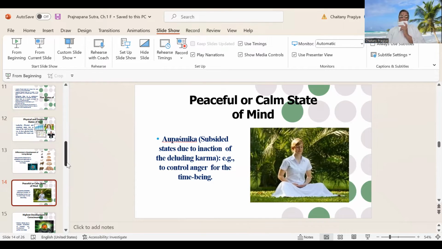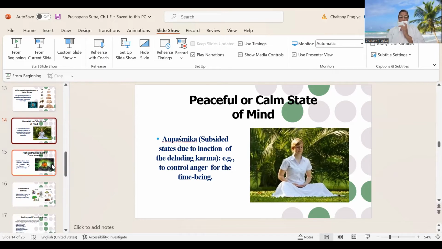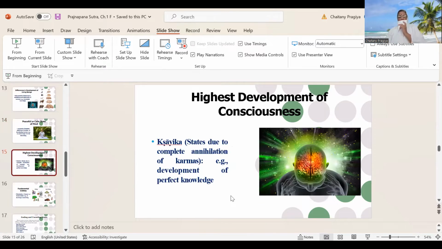It is not permanent. But it is also good if somebody is not able to eliminate the negative emotions completely. At least if he is controlling for the time being or meditating for the time being, that is also very good. But that stage is only for the time being and not for all the times.